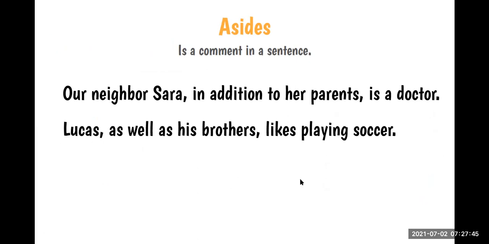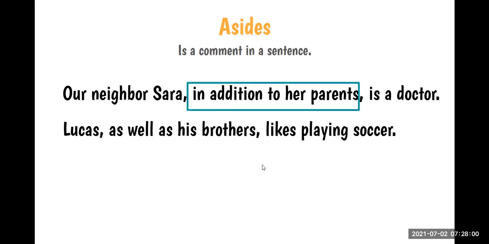In the first one, for example, what could be the comment? In addition to her parents, yes, very good. This is a comment, because normally we can say our neighbor Sarah is a doctor. But this is a comment that we are making, right?